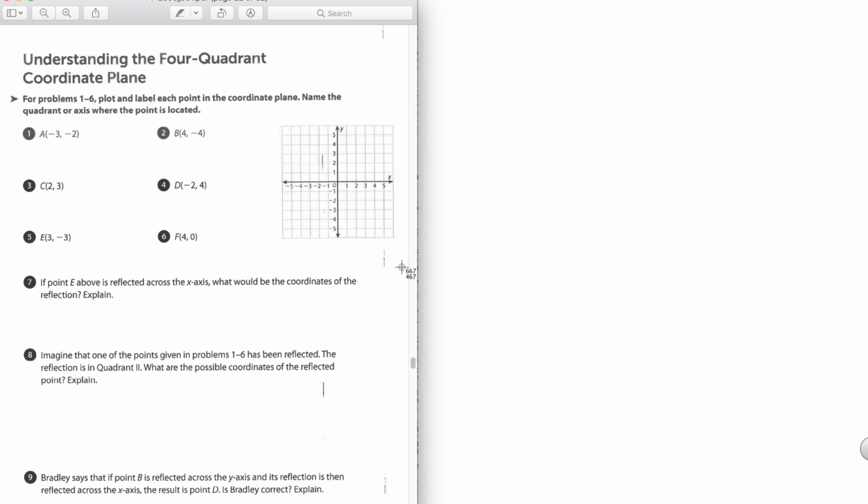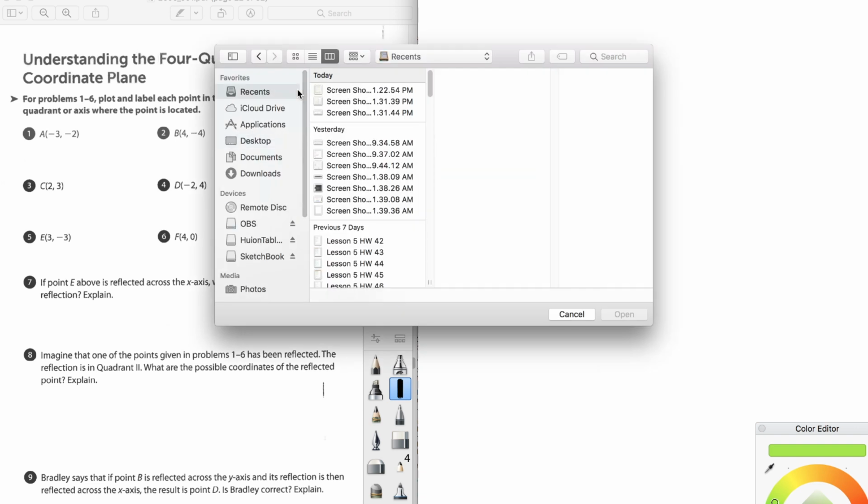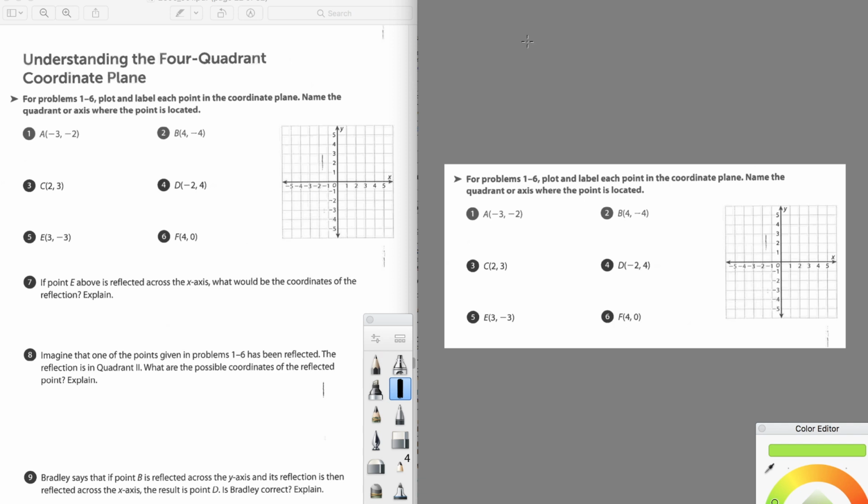So let's actually take a screenshot of this and let's go a little bit deeper. Yeah, why not? Let's go at it like this.